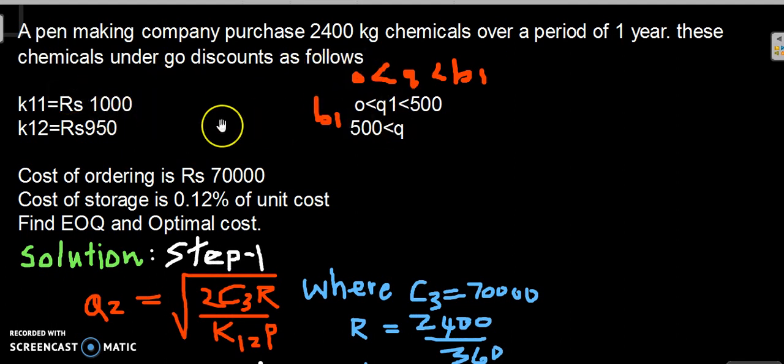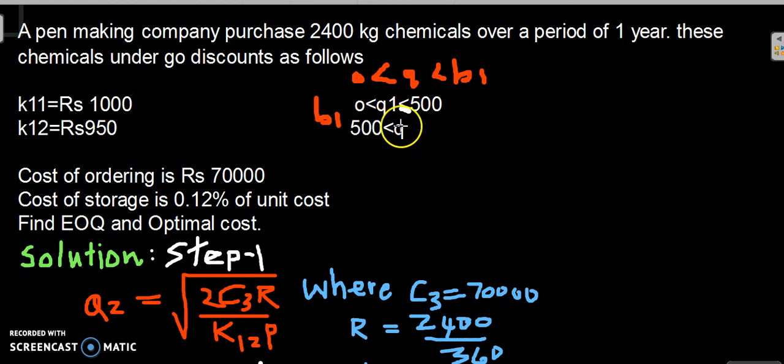This is the discount given to us. If we buy a quantity between 0 and 500, and I must write here equal to 500, then the price break, that is the discount, is rupees 1000.